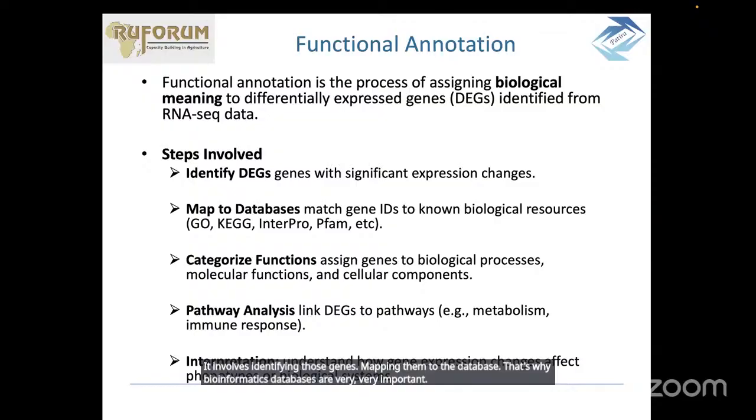You can do everything, but you still go back to those databases. So you match those IDs to known biological resources. You have Gene Ontology, you have KEGG, you have InterPro, and the rest. They will tell you that your gene that was upregulated does this function, or your gene that was downregulated does this function. Okay?